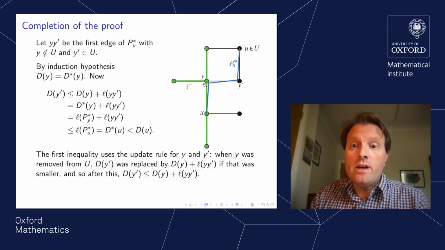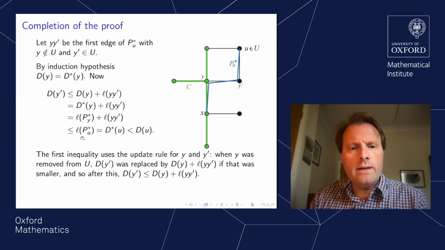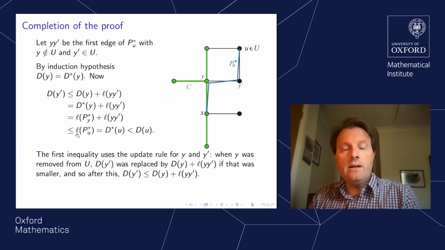That's a subset of the entire P star U, and so we get the inequality that L of P star Y plus L of y y primed is less than or equal to L of P star U.